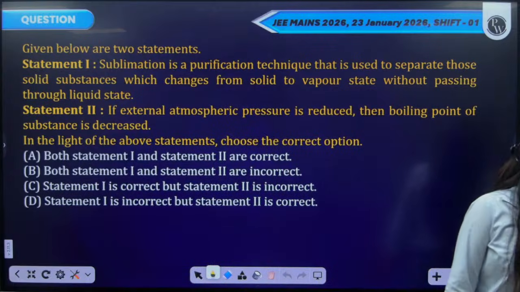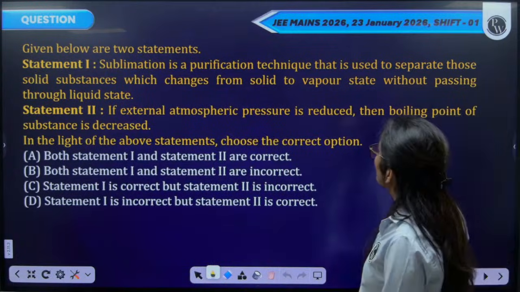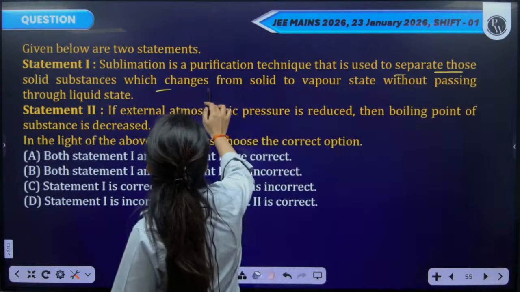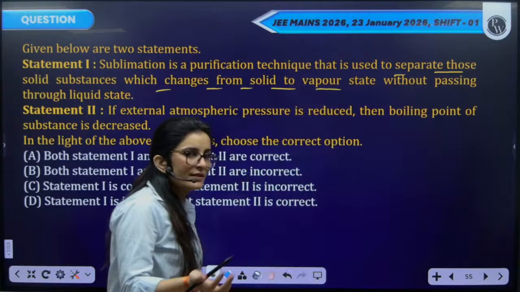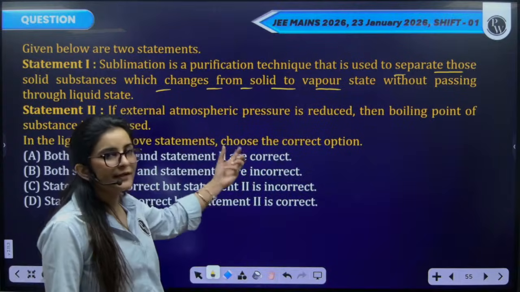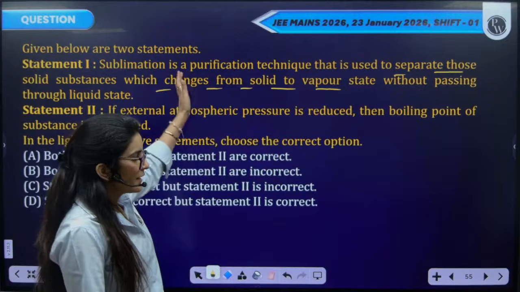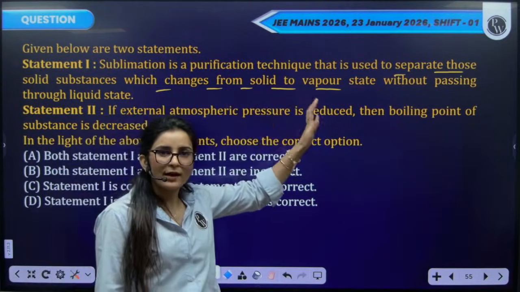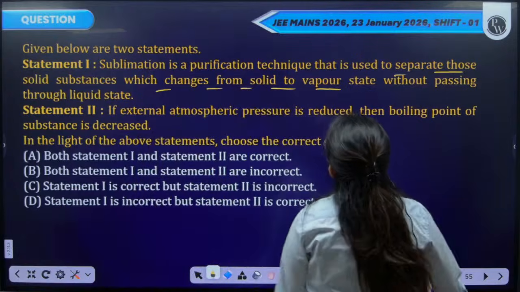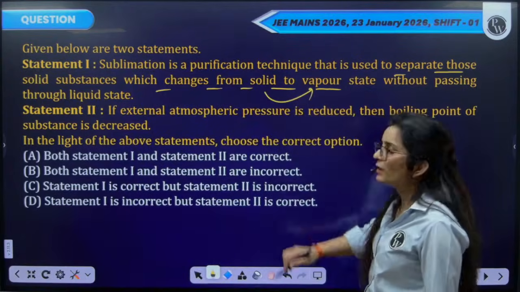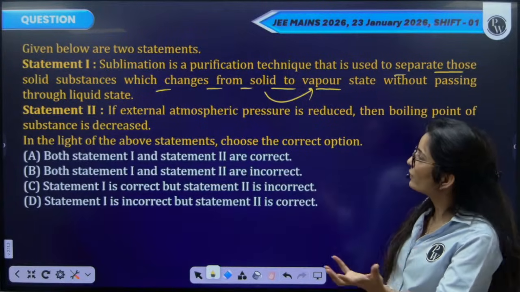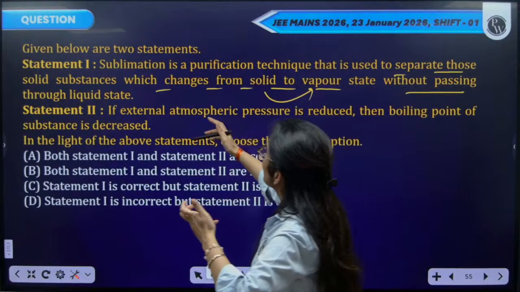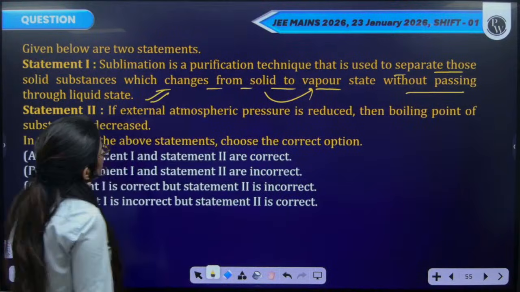The very first statement: sublimation is a purification technique that is used to separate those solid substances which change from solid to vapor. Obviously that is what we call sublimation. When a solid directly converts into vapors, that process is called sublimation, right? We have discussed this a lot of times in our class. So yes, this is the correct process: a solid getting converted into vapor without passing through the liquid state is called the sublimation process. I think this statement is correct.